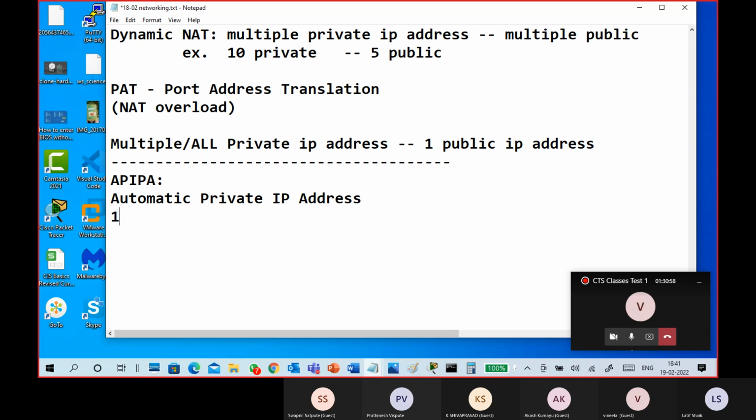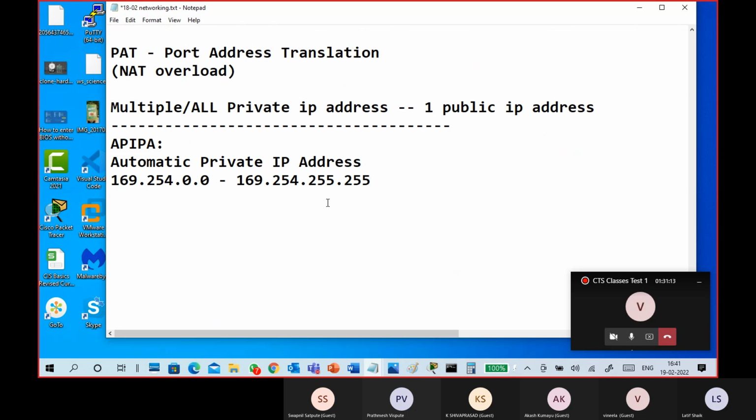The APIPA range is 169.254.0.0 to 169.254.255.255. This is the APIPA range, automatic private IP address.